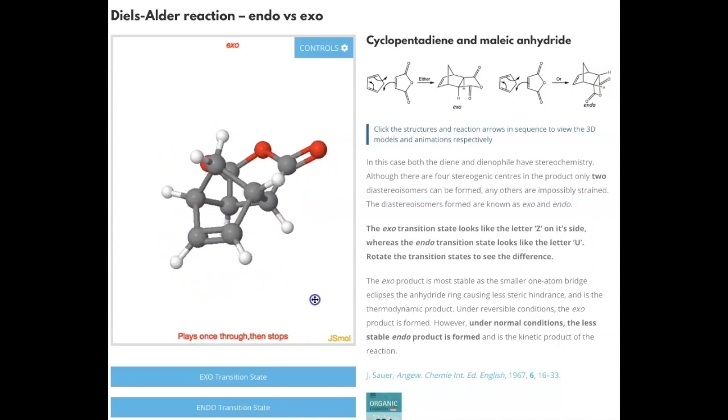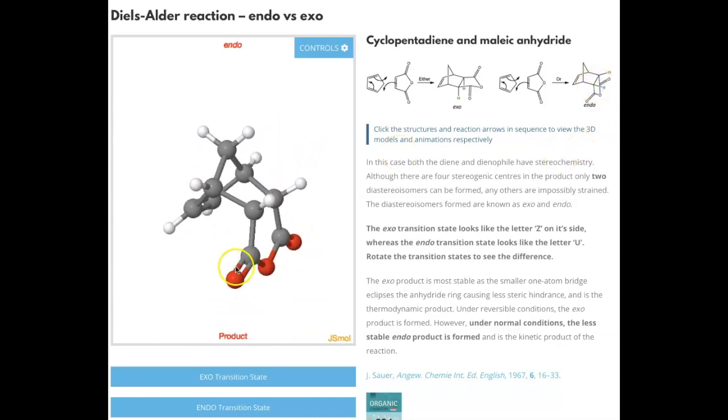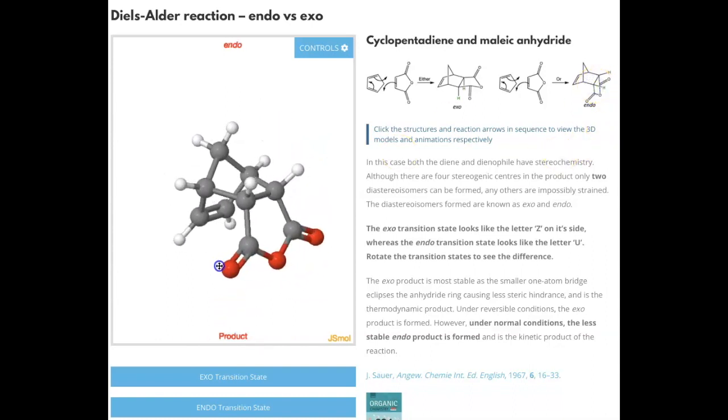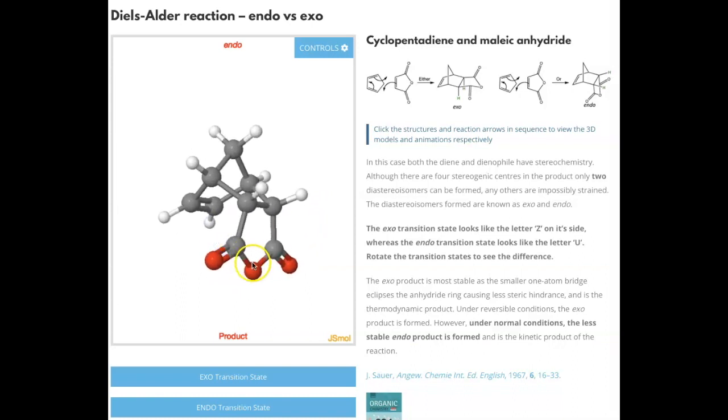So this is the one that usually does not occur, and the endo is usually favored. In just a second, when we return to the video lecture, you'll see that the consequence of these electron withdrawing groups having to be down here makes this particular group always face in the other direction.